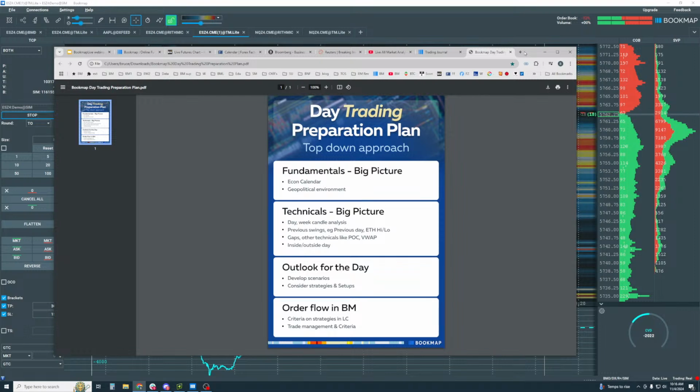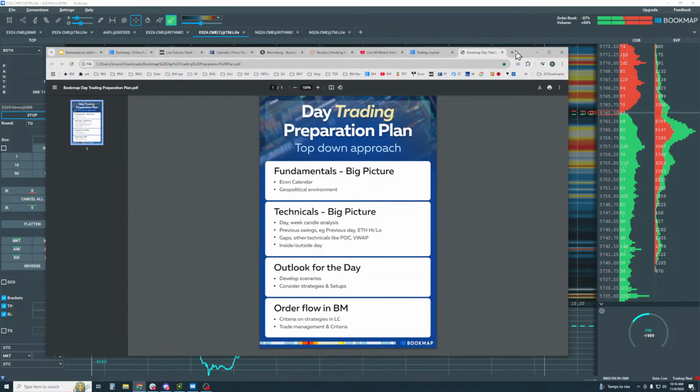Some sort of news comes out and the market totally shifts or moves. It's extremely important to understand that, and then the bigger picture and the technicals as well, because we have larger time frame traders trading off of those areas.